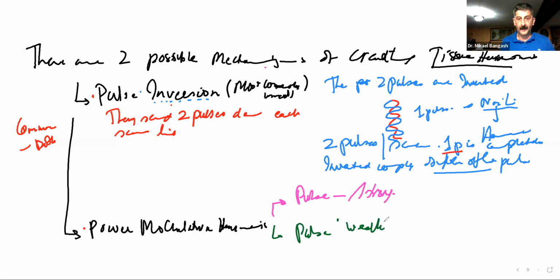As a matter of fact, this strong pulse actually is going to have twice the energy or power, if you want to put it that way, as that of the weak pulse.